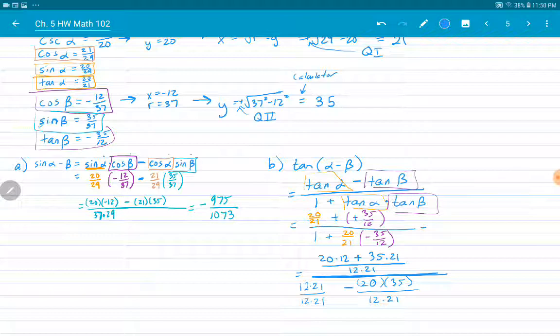And plugging that into my calculator, in the numerator, I get positive 975. And in the denominator, I get negative 448.